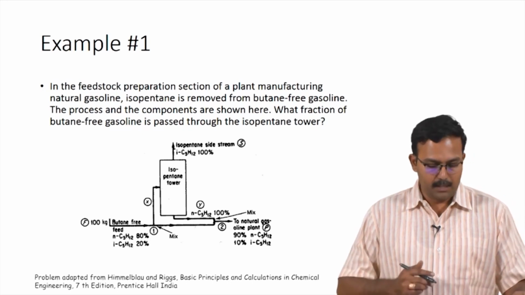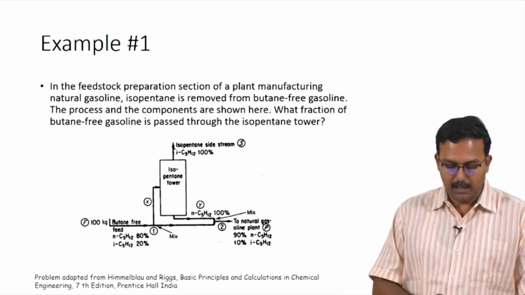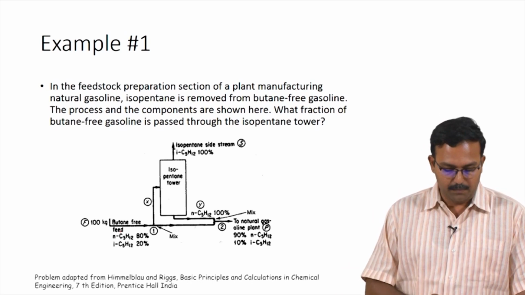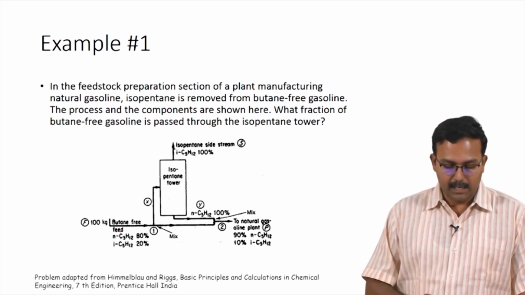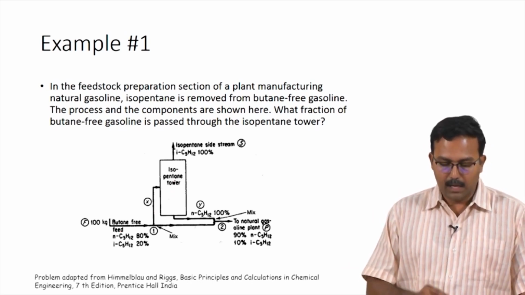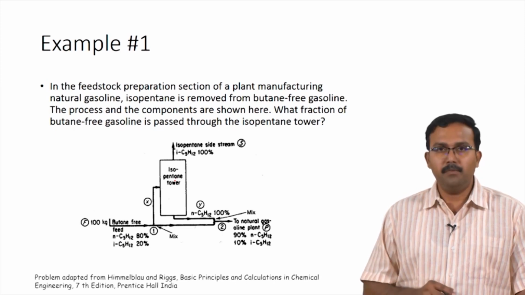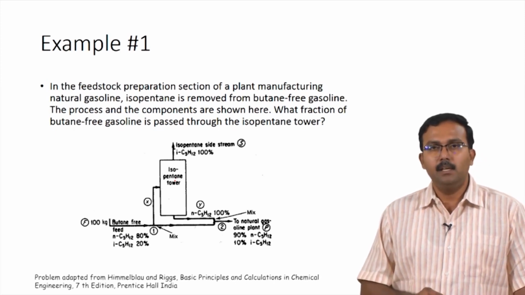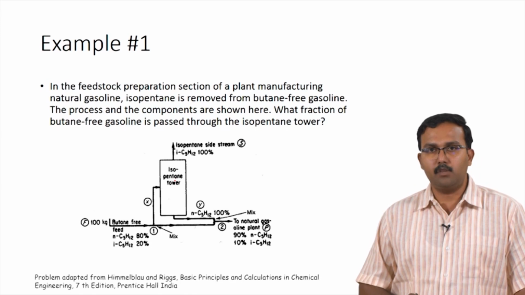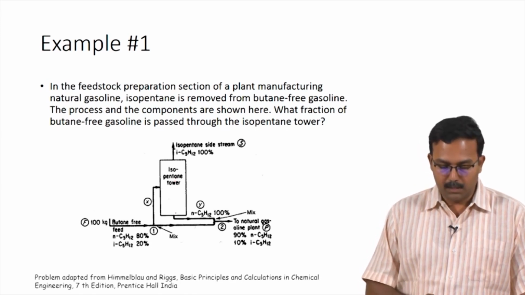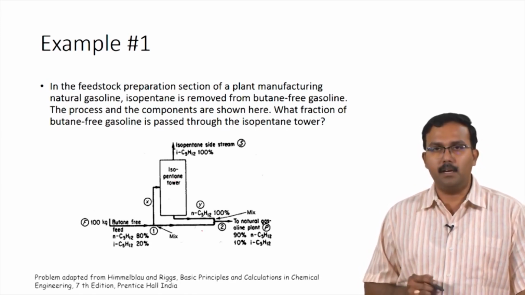So, what you have here is a feed of 100 kilograms of butane free feed, and that enters the isopentane tower. Some of this stream is taken out and it bypasses the isopentane tower and is mixed with the bottom stream of the isopentane tower.